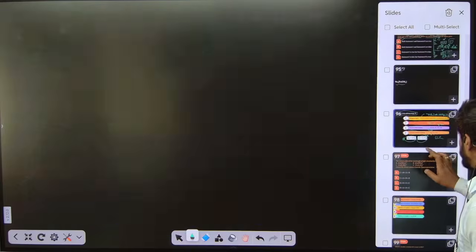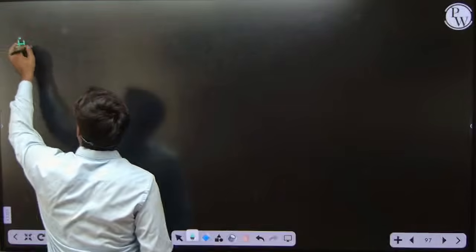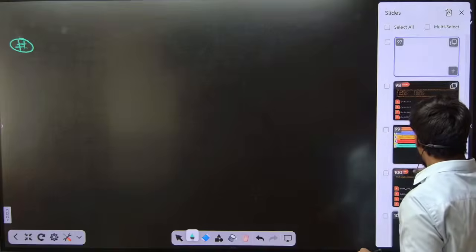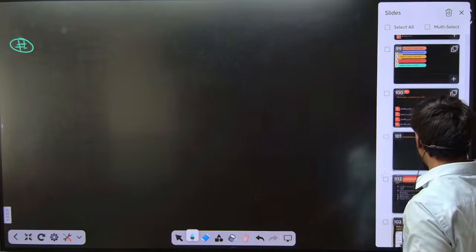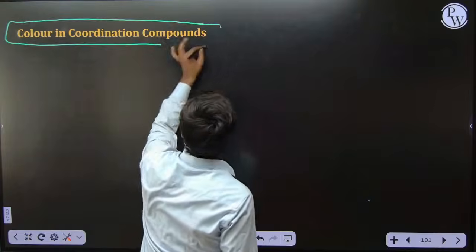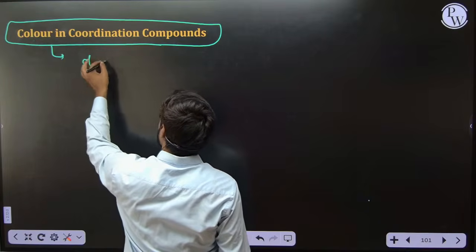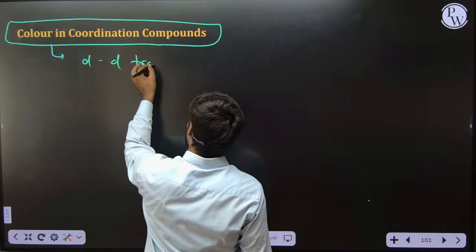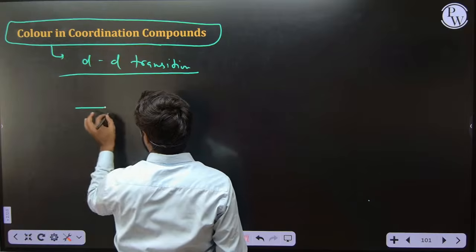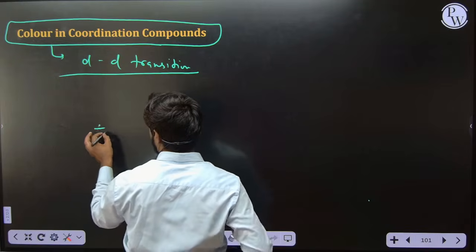Okay, one more thing that I want to tell you, that is color in the complexes. First of all, the color in the coordination complex is due to the d-d transition. Basically, the electron can transit from the t2g to eg.